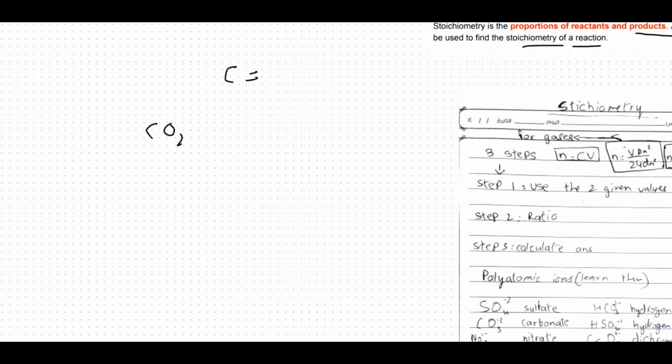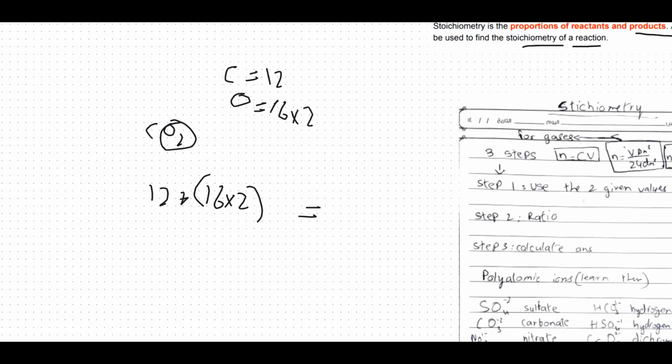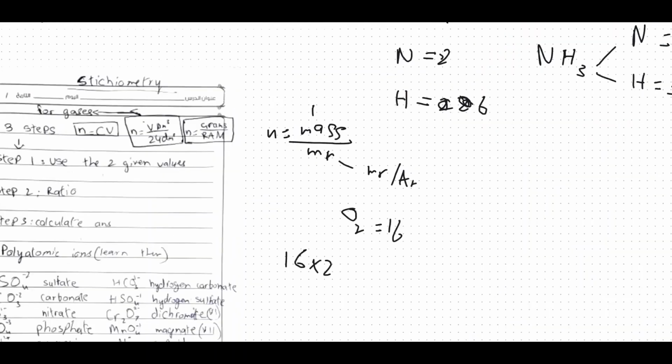And if it's 12 and oxygen is 16, then here 12 plus 16 times 2, because I have two oxygen atoms. And that would give me, I think, 44. Yeah. So this would be the Mr for carbon dioxide. So this was the first equation, n is mass over Mr.